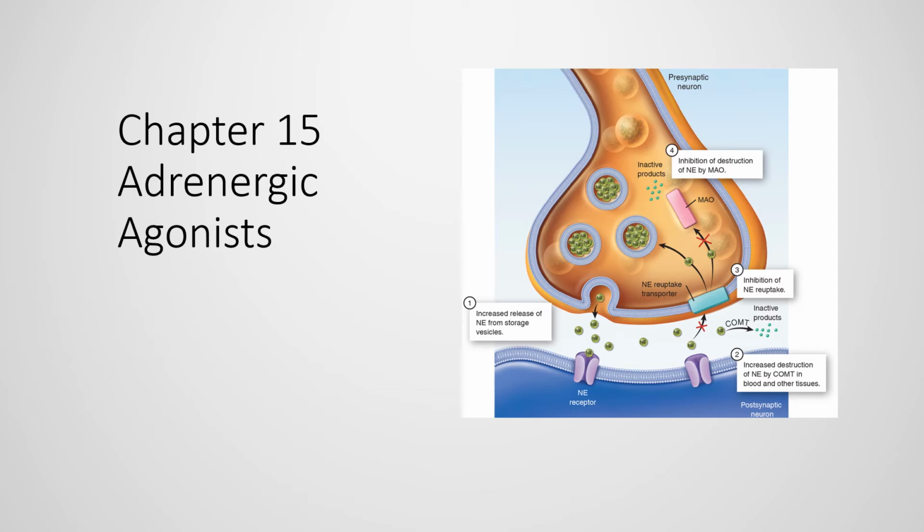The presynaptic neuron can reabsorb it with transporters, so it can reuse the norepinephrine for another stimulation, or it gets broken down in the bloodstream by an enzyme called COMT. Okay, and that enzyme is catechol-O-methyltransferase.